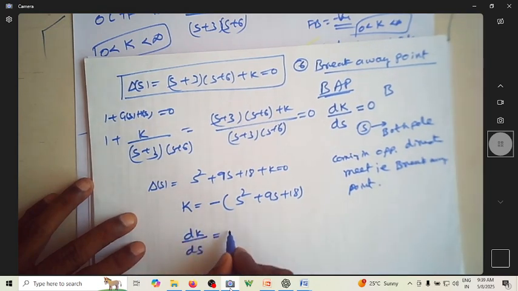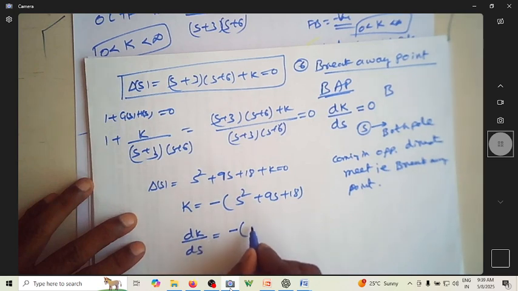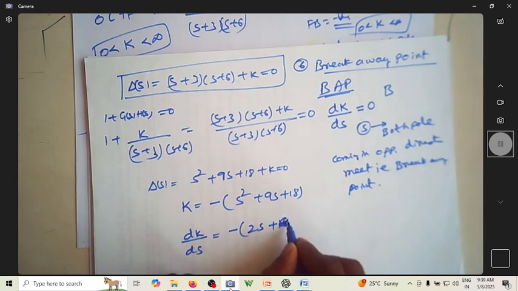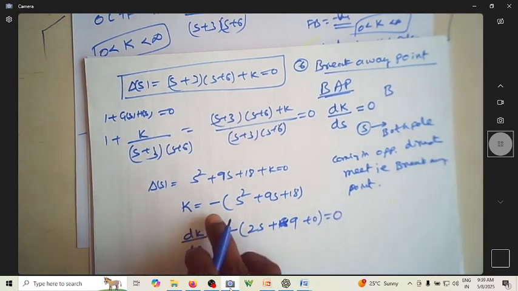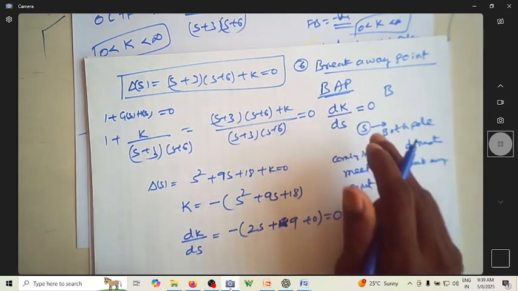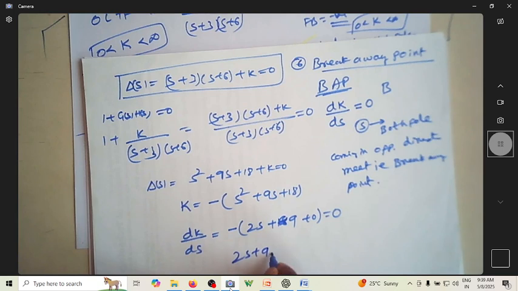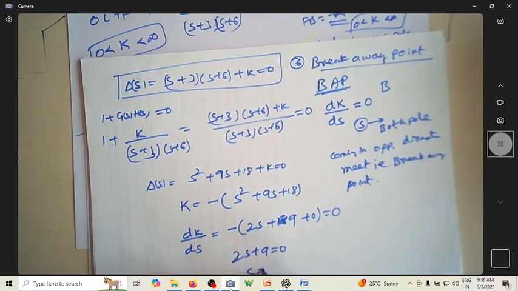Differentiation of this is 2s plus 9 plus 0 equal to 0, because you are equating this dk by ds to 0. So then what you have? You have 2s plus 9 equal to 0. Then s is equal to minus 9 by 2, which is minus 4.5.